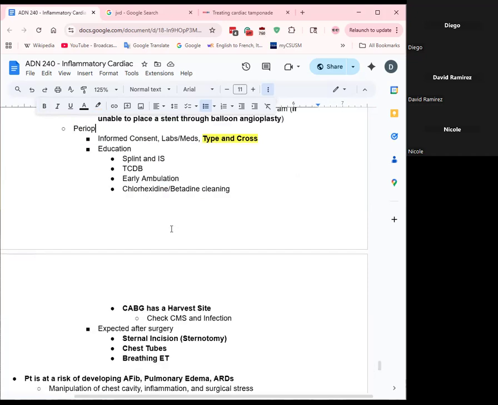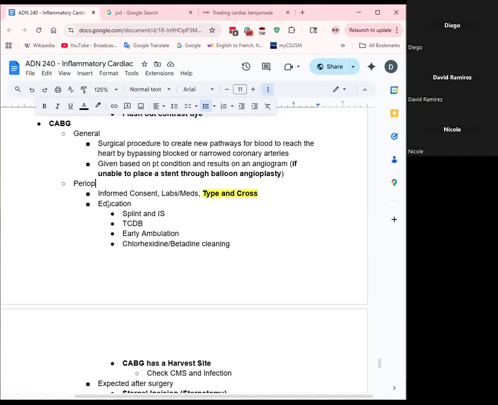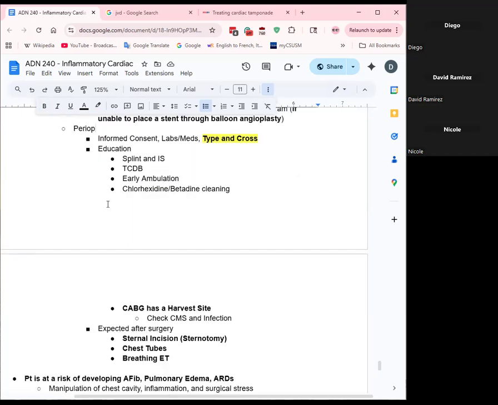Some of your post-op is going to be typical post-op splinting, doing their IS, turn, cough, deep breathe, and moving around.